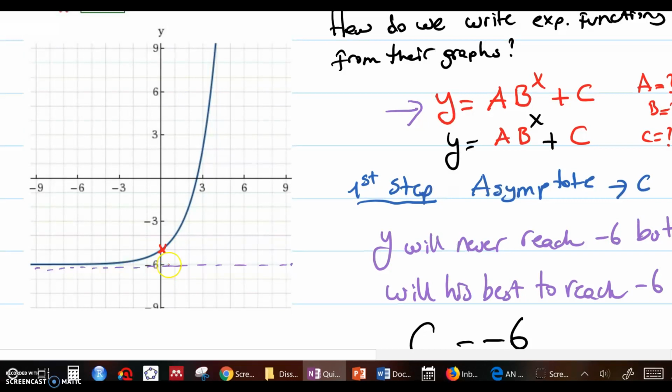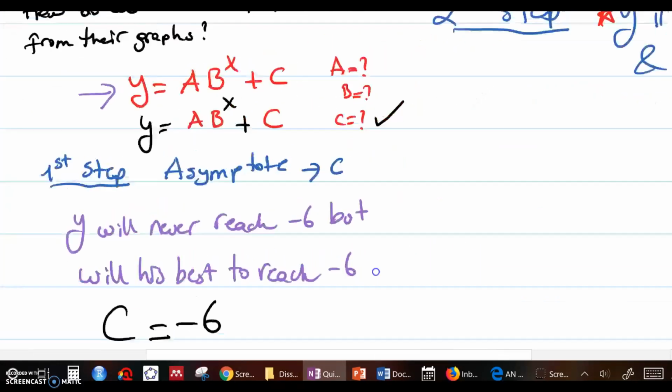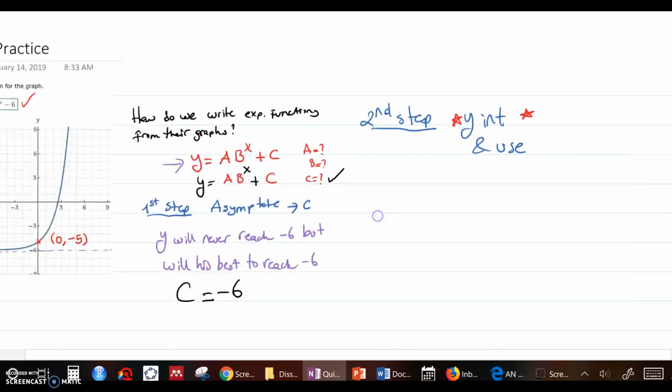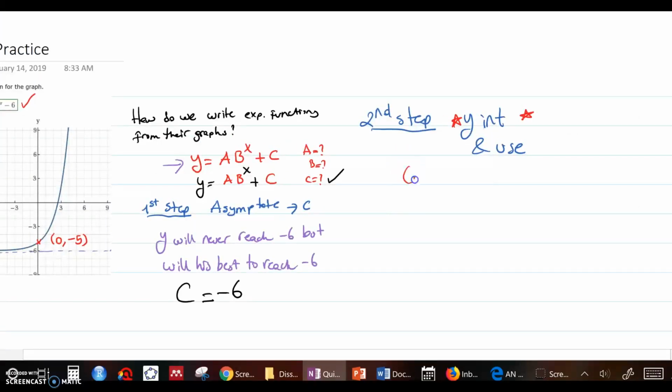That point will be x is 0, y is -5, right? So -3, -4, -5, -6. So I will use that point. How? I'm going to get that 0, -5 point, which means for x values, I'm going to plug in 0, and y will be equal to -5.